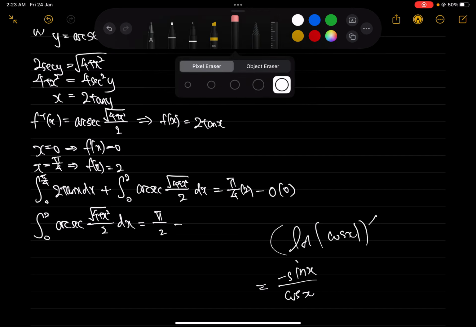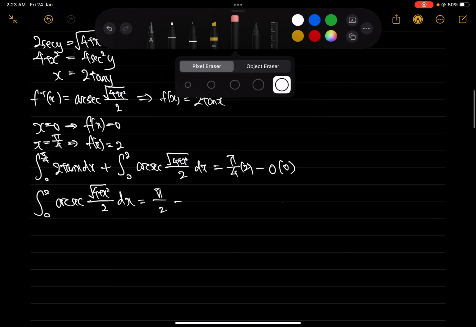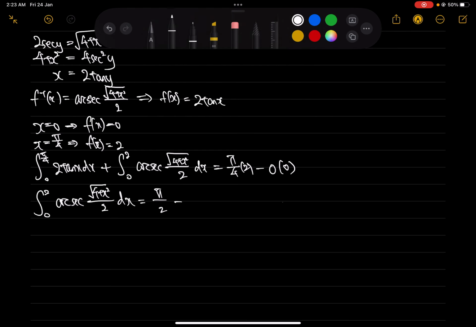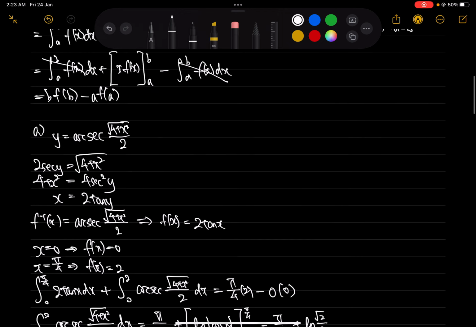Okay. So cosine 0 is 1, natural log of that is 0, and then cosine of pi over 4 is root 2 over 2. So we just take the natural log of that. And that's it for this first example.